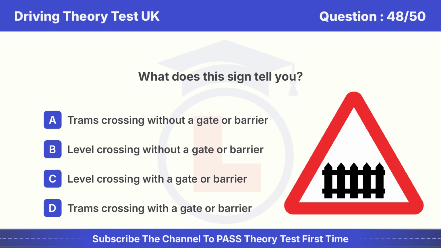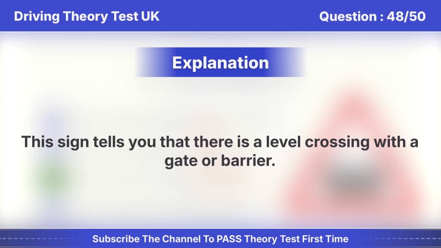Question 48. What does this sign tell you? Answer is C. Level crossing with a gate or barrier. This sign tells you that there is a level crossing with a gate or barrier.